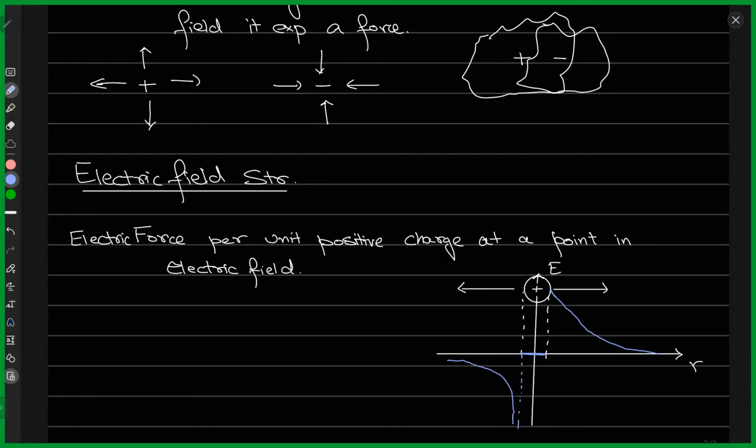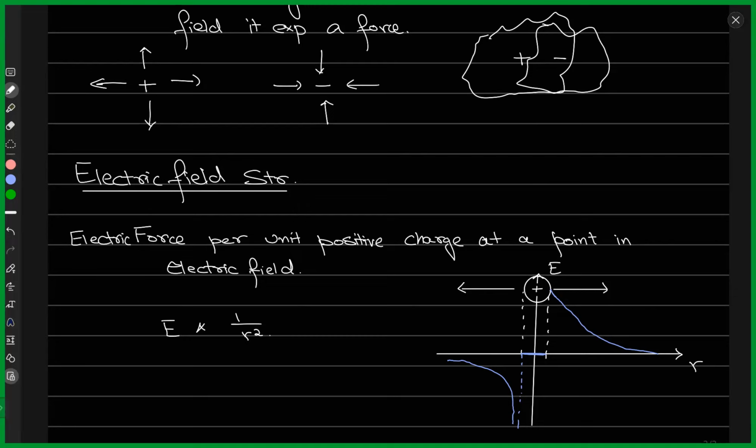It's nothing but the law we studied before, that the electric field or the electric force varies inversely to the square of the distance from the charge, right? So this is how the graph would roughly look.